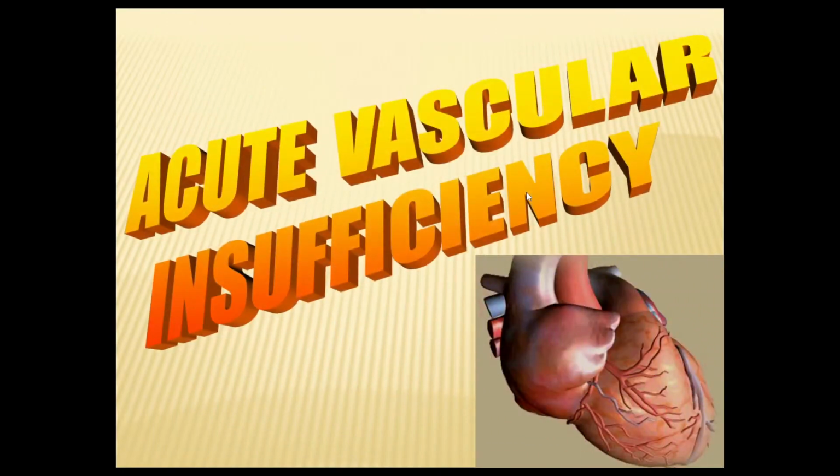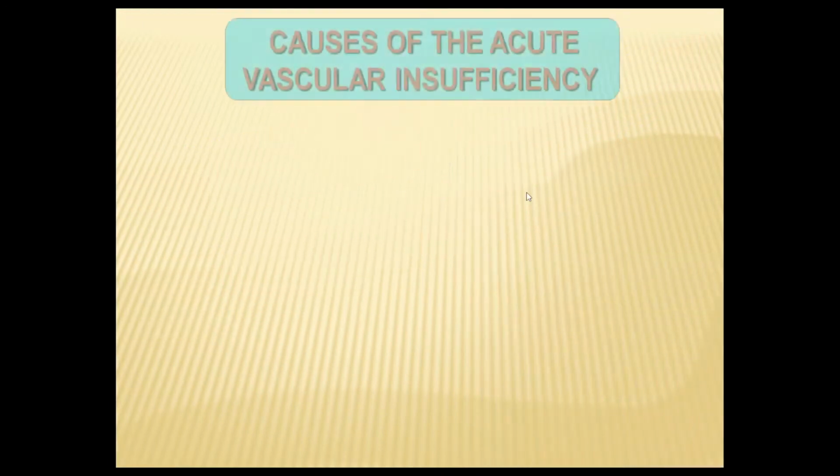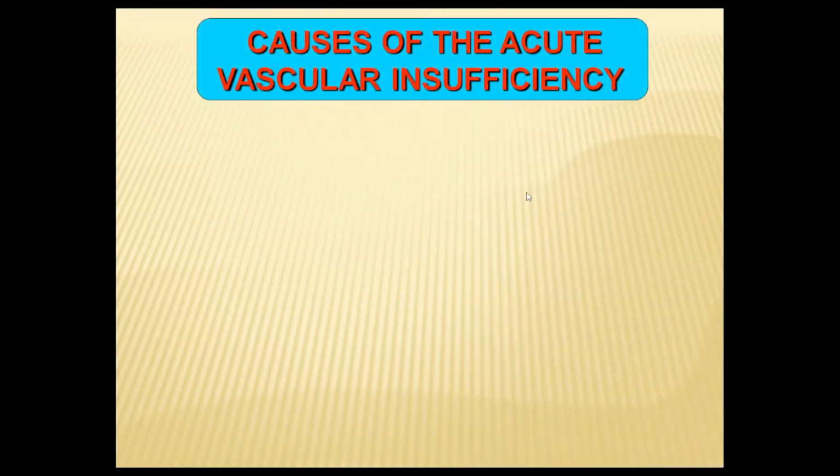Next question I want to talk about today is acute vascular insufficiency, which appears due to non-adequate blood supply of the tissues and organs, due to discorrelation between circulated blood and volume of peripheral vessels.